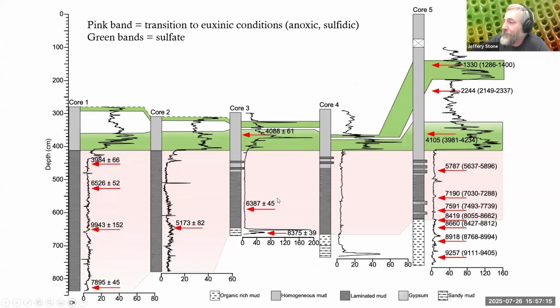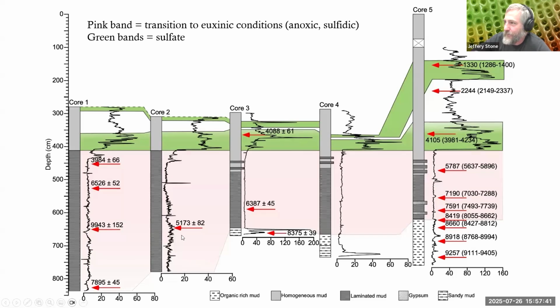And then across all of the cores, you can also see the secondary transition in magnetic susceptibility associated with the lake converting back to normal conditions. And then a second pulse in here where the magnetic susceptibility drops and then returns to normal again. And so we can use these to find this correlation between them.